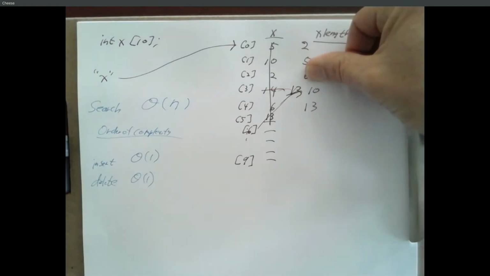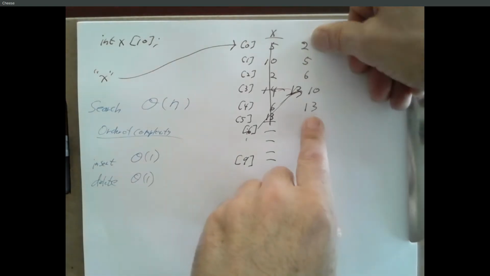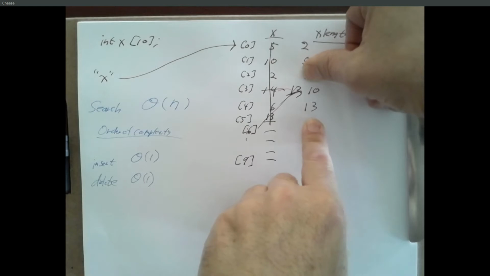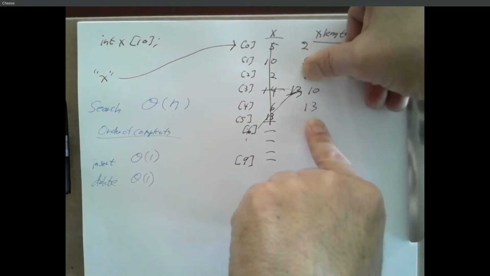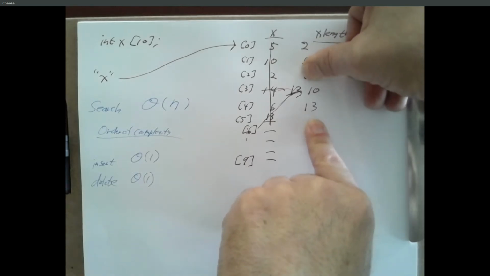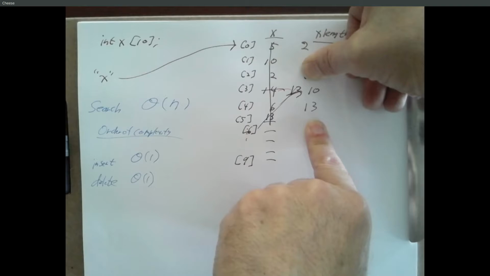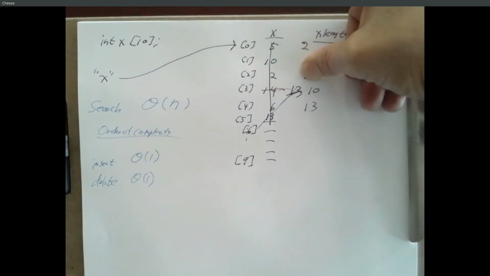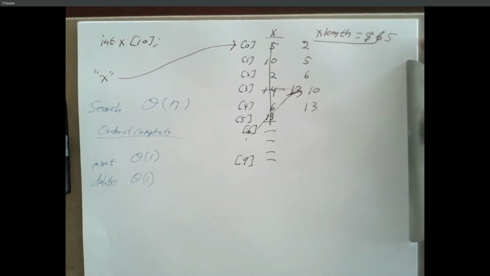Now we've done one operation, but we've shrunk our problem from dealing with n things to dealing with n over 2 things. And with one more operation, we'll shrink from n over 2 to n over 4. We keep doing this until the array that we're searching contains a single number, and it takes one operation to check an array containing one number, and it's either our number or it's not in the array.